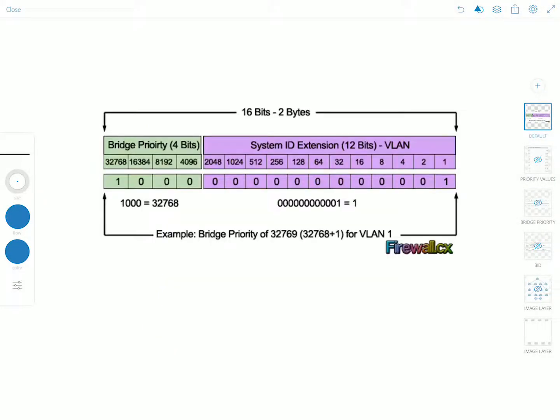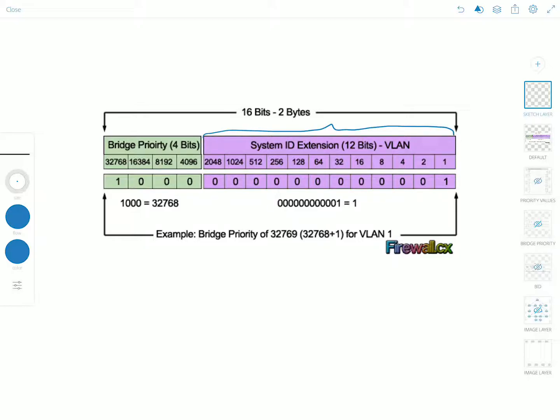Okay, let me go back here because I have another nice diagram here. And this is not mine, this is from firewall.cx. And here you can see what the bridge priority would look like by default. So here is the system ID extension, which holds the VLAN ID. And we're looking at VLAN 1, as you can see here. And here is the default bridge priority. And as we've just seen, it's 1000.